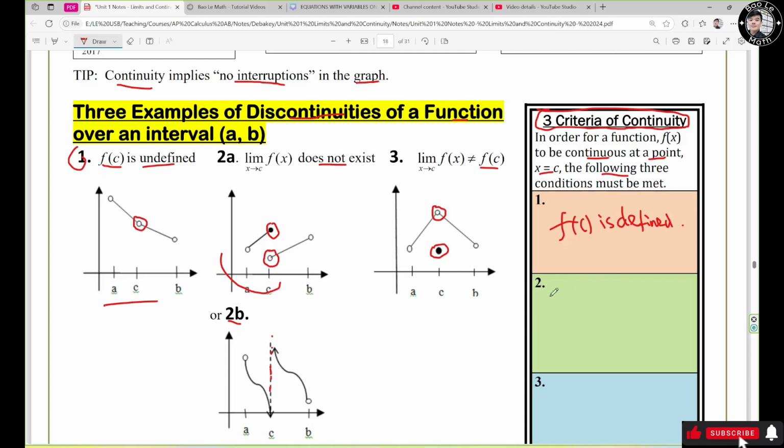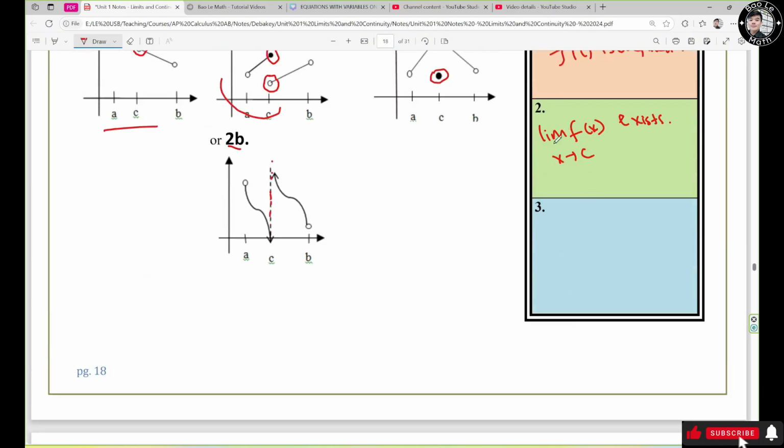Second one: the limit of the function f of s when s approaches c exists. And the third one: the limit of the function f of s when s approaches c equals f of c.